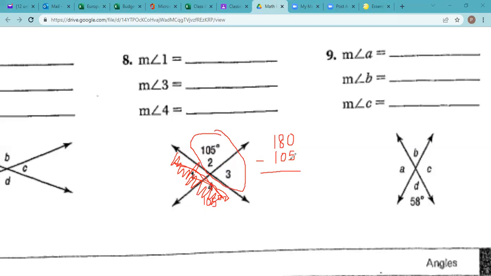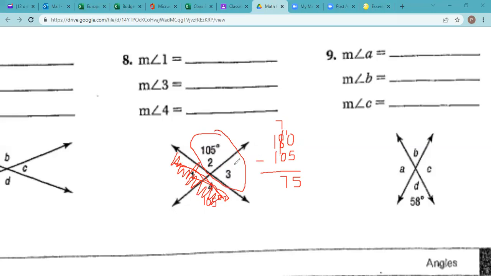0 minus 5, we can't do it. Let's go up and borrow from the 8 and make it a 7. Put a 1 in front of the 0 to make 10. 10 minus 5 is 5. 7 minus 0 is 7. 1 minus 1 is 0.